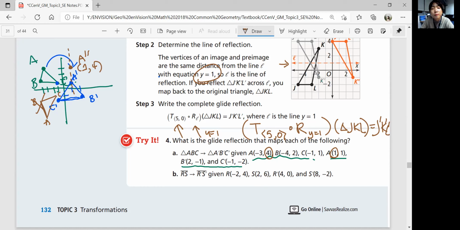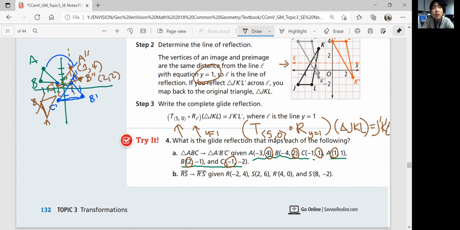Okay, and then same thing, you get x from B prime and then y from your B, 2, comma 2. Okay, that's your middle point. And then you get x from your C prime, -1, and y from your C, -1, comma 1. C prime prime.